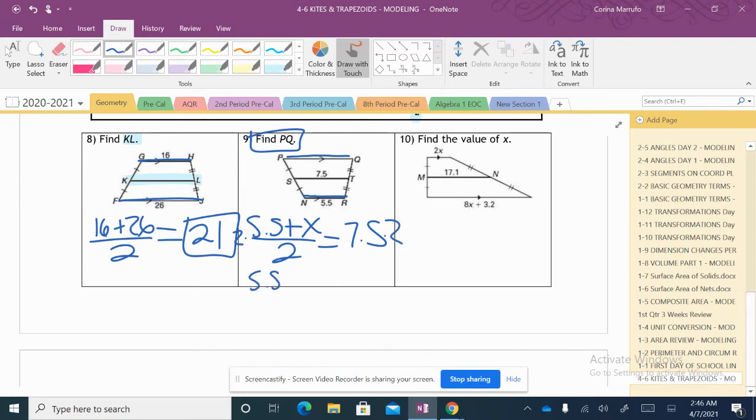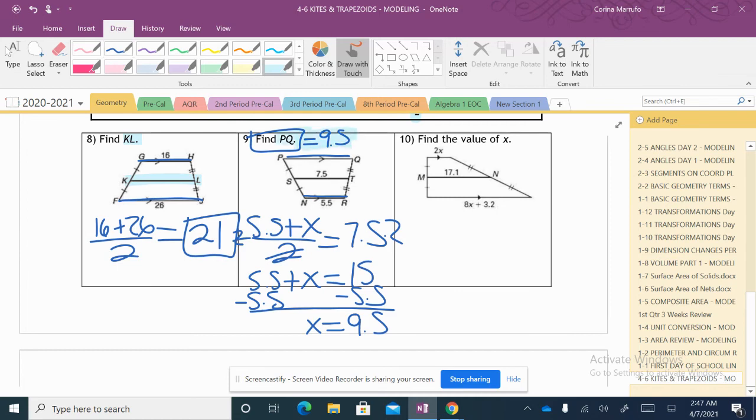We get 5.5 plus x equals, the 2's cancel here, 7.5 times 2 gives us 15. Then we move over the 5.5 to the other side, and that gives us 9.5. So x equals 9.5. That means from P to Q is equal to 9.5.